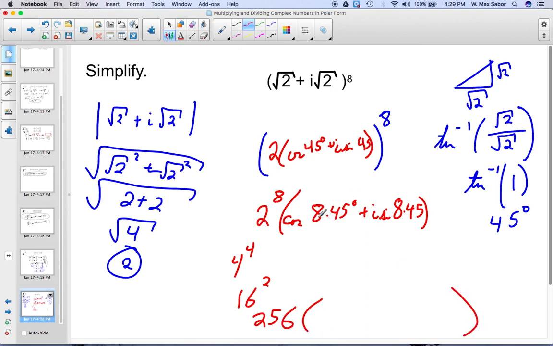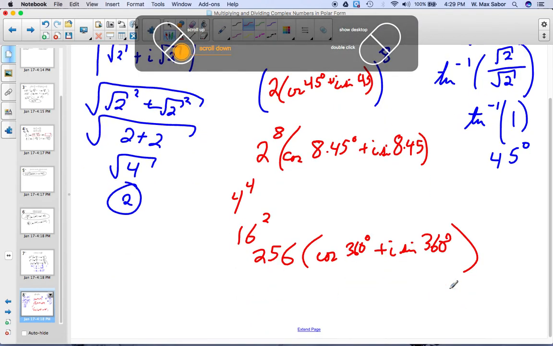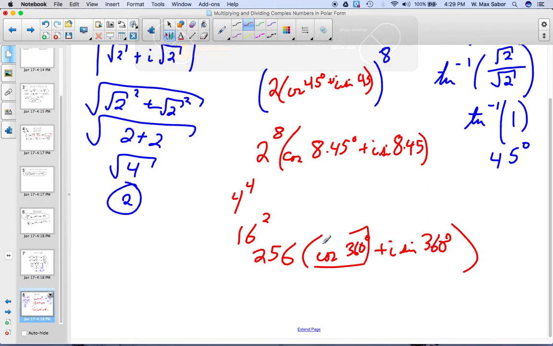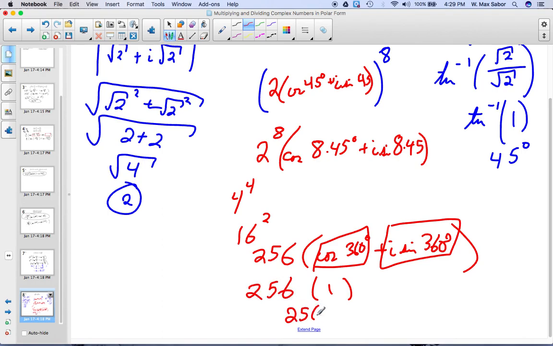And cosine of 8 times 45, that's 360 degrees. Therefore, cosine is 1 and sine is 0, so we have 256 times 1, 256 is our total value.